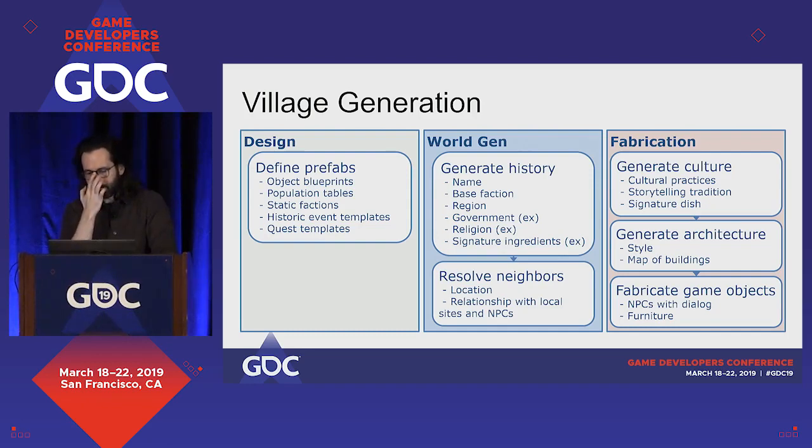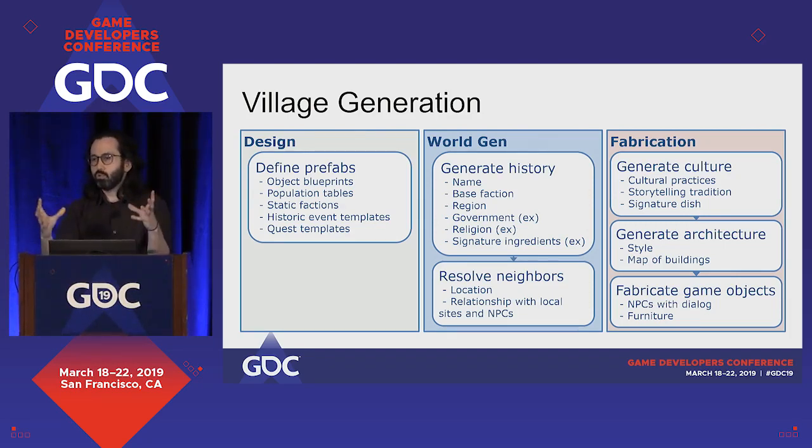Village generation really happens over 3 distinct phases during the course of a Caves of Qud game. I'm going to focus on the second and third right now, the blue and red ones, and we're going to get back to design in a minute. First of all, when you spin up a new game of Caves of Qud, you hit create world, create new character in the world.